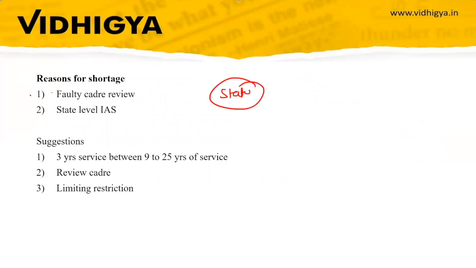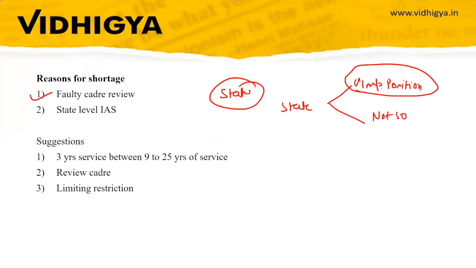So, the reasons for the shortage: why are state governments not sending officers, why is there a shortage? The first reason is faulty cadre review. In the cadre review in a state, there are various kinds of posts: very important positions, and not so important ones. These positions are generally reserved for IAS officers. However, in certain states, the not so important positions are also reserved for IAS officers.